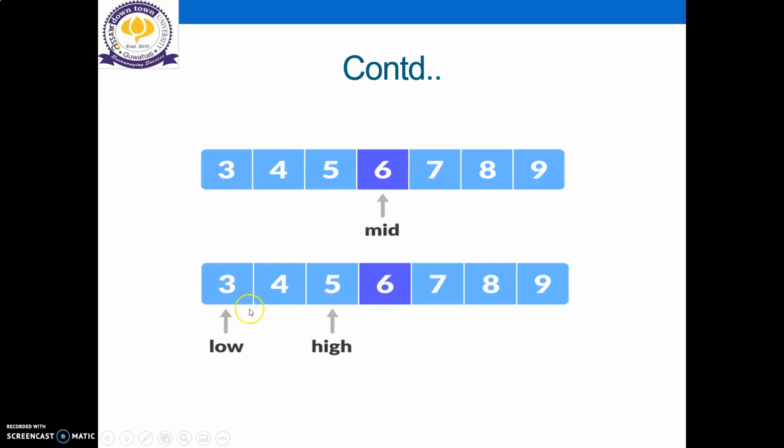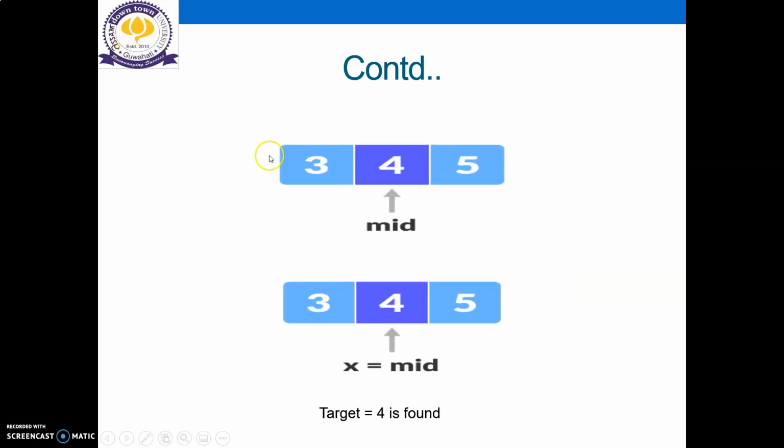That means the left hand side portion, and this portion, that is 7, 8, 9, will be discarded. In this array, again we have to consider low and high keys. For this sub-array, again we will choose the middle element. Now the middle element here is 4 and our target is also 4. Hence we found our target value.